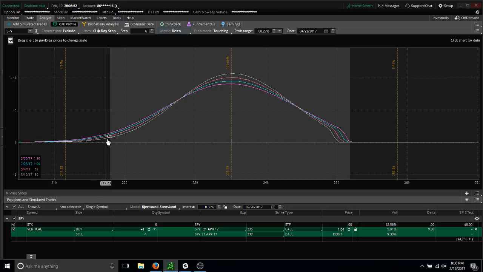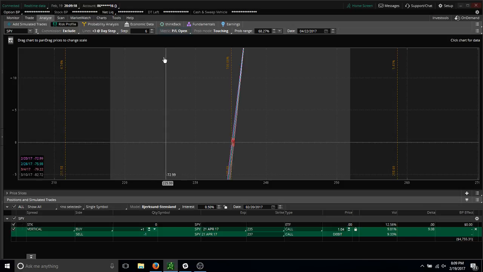But you see why we play verticals is you don't really have to know too much about the different Greeks, because I'm only losing a couple bucks here on the deltas, so 10 bucks or whatever. So it's really offsetting, so that's why I like verticals.